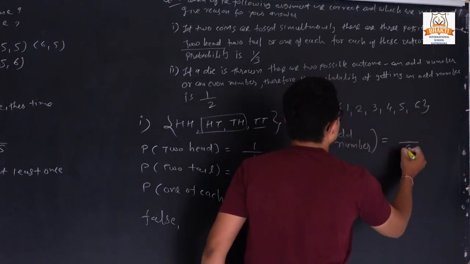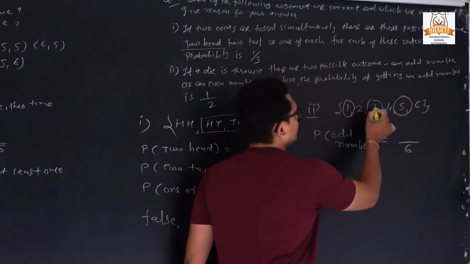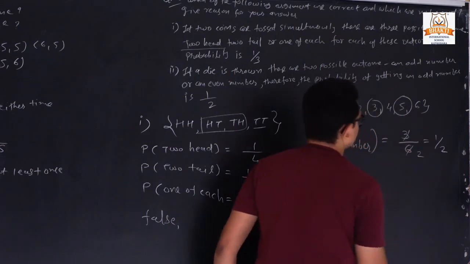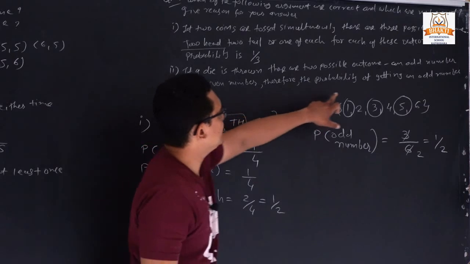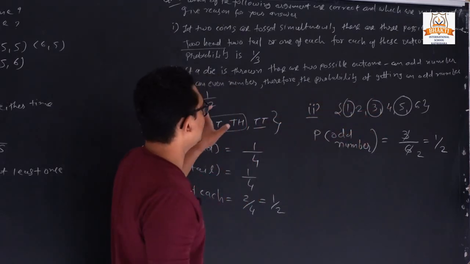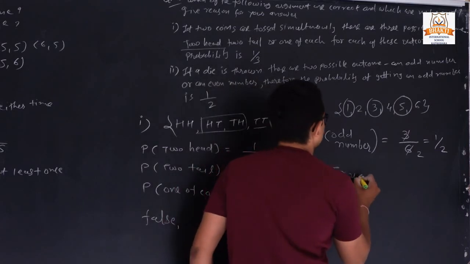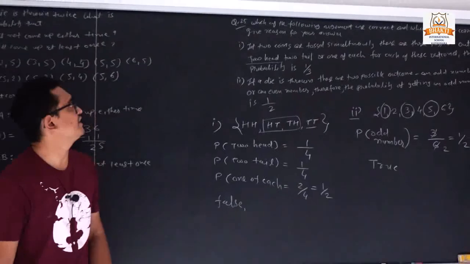Out of the total 6 numbers, how many are odd? 1, 2 and 3, so 3. So 3 ones are 3, twos are 3, so the answer is 1 by 2. So it is true. Clear? The probability of getting an odd number is 1 by 2. So it is true. So this is our question number 25.